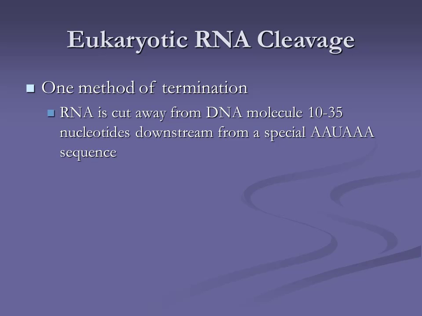Well, RNA polymerase is the same way. It's not going to stop immediately. In fact, when it hits AAUAA, that next 10 to 35 nucleotides are just going to be A's. It's like the tires screeching along the road. It's just A, and we refer to that as the poly A tail.